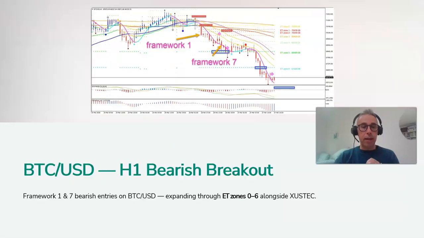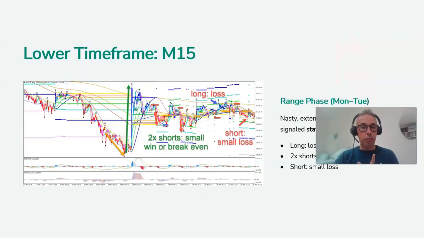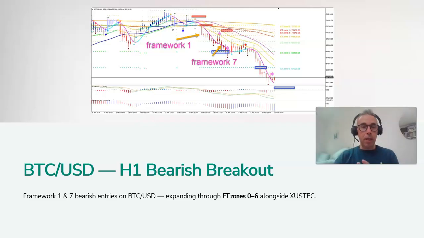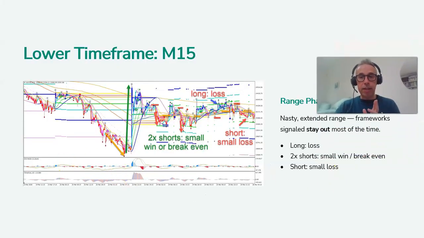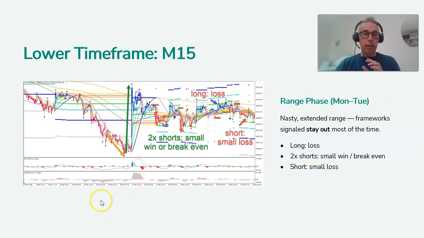Okay, we had the same kind of setup on Bitcoin BTC USD. I took a small trade on that one too. Okay, right here. But most of the trading I did on NASDAQ 100. And you can see on the 50-minute chart that the beginning of the week, Monday, Tuesday, was choppy. That's exactly what we saw on the hourly chart too, right? The price going sideways.